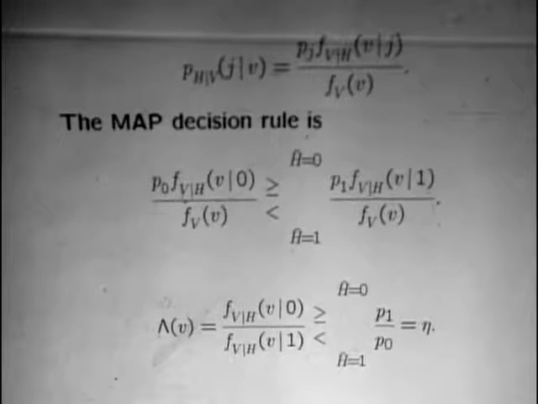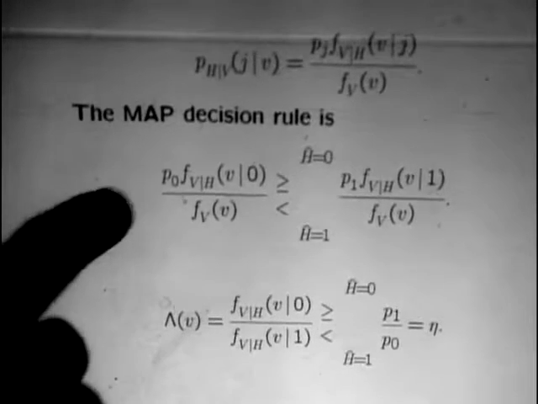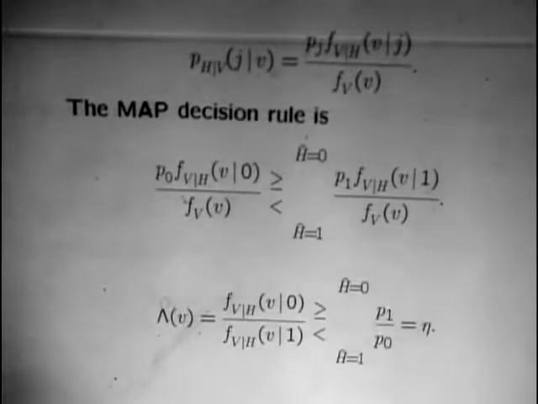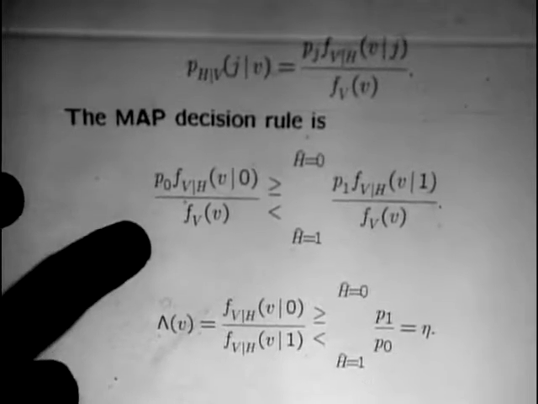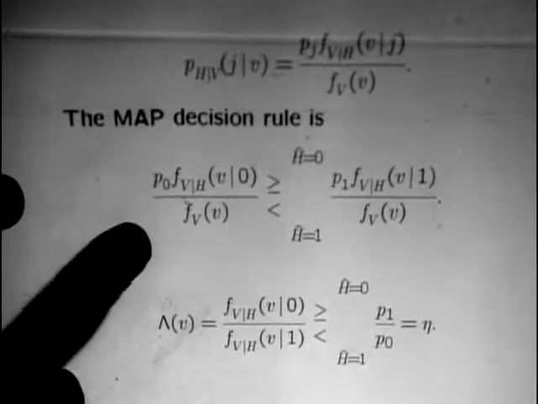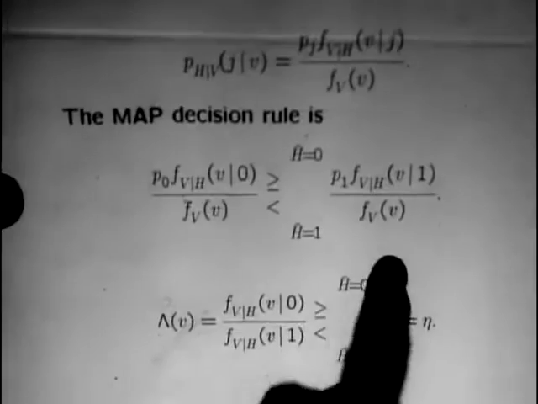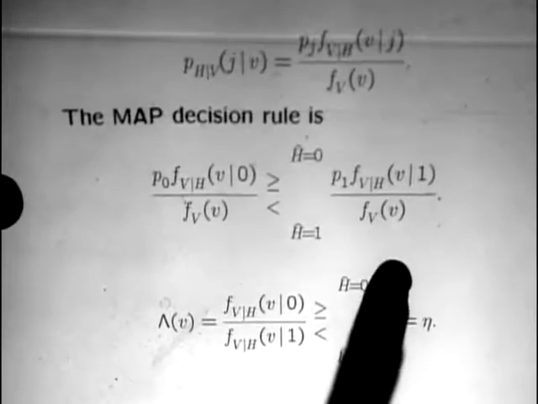Okay, so our MAP decision rule, remember, is to find the a posteriori probability which is most probable, because that is the probability of being correct. So if this probability is bigger than this probability, this is the a posteriori probability that h is equal to 0, and this is the a posteriori probability that h is equal to 1.